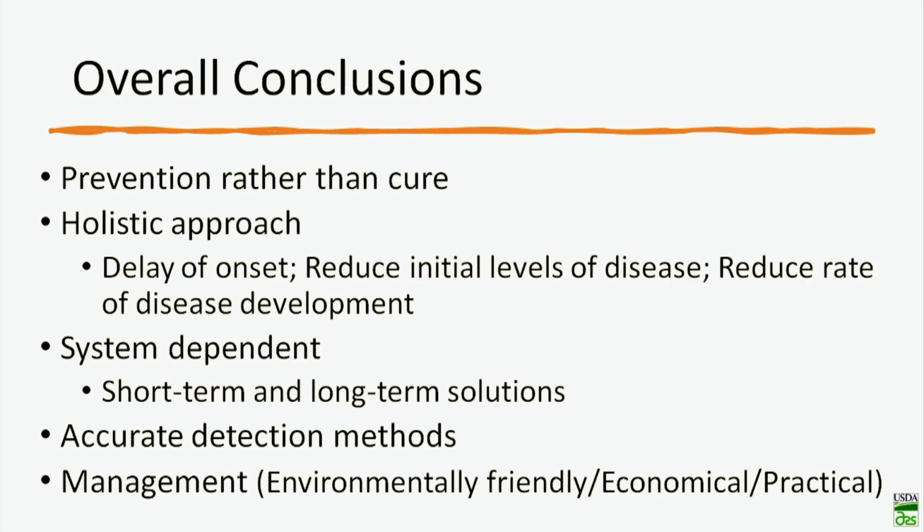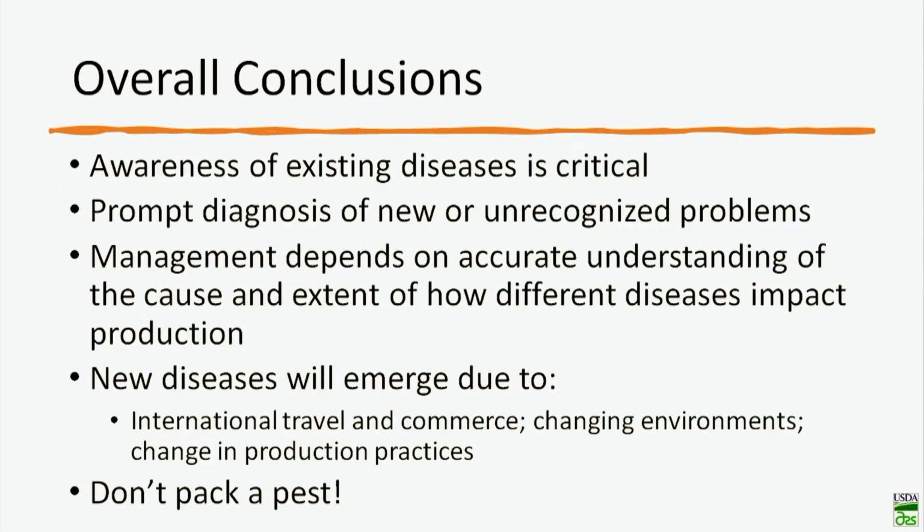It is critical to accurately determine what pathogen you are working with in order to develop the best and most effective management techniques. Okay? The awareness of the existing diseases is critical, which is really what we were trying to see with Protea moving forward.